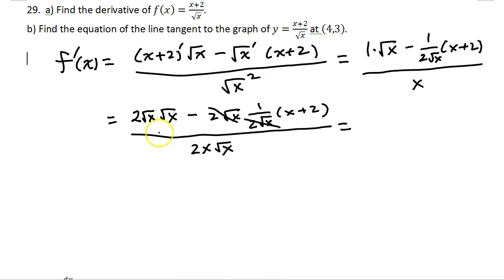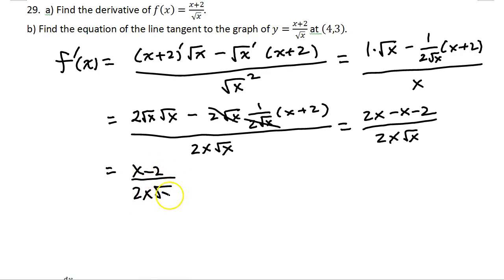That's 2x times square root of x, because square root of x squared is x. The minus is distributed to x plus 2, giving minus x minus 2 over 2x times square root of x, and that equals x minus 2 over 2x times square root of x.